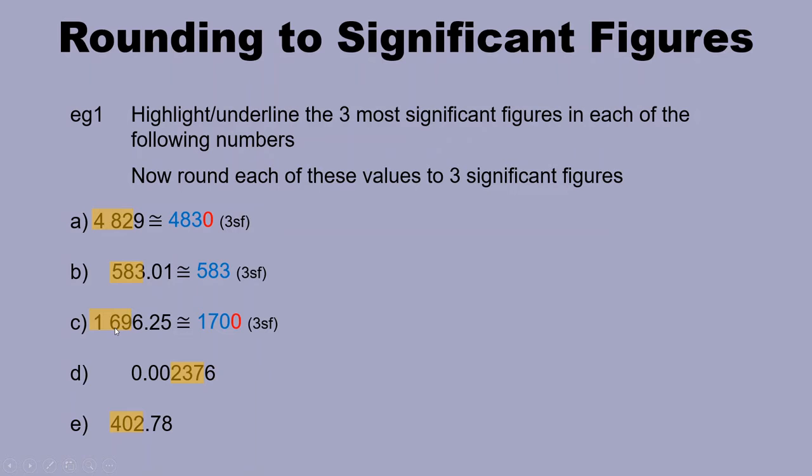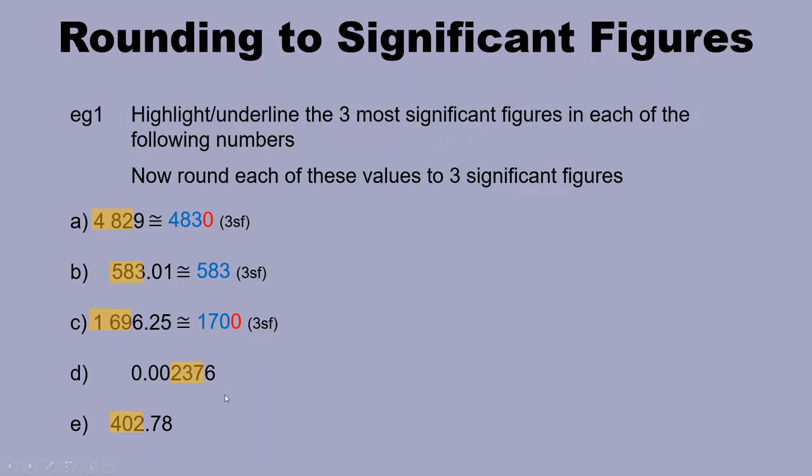So that's going to be 1,700. In this case, it may look like it's only got 2 significant figures to it, but I did first consider the 3 significant figures, and when I rounded, the last of those 3 significant figures turned into a 0. So here it's really important that I make clear I rounded to 3 significant figures here. Don't be mistaken and think that I rounded to 2 significant figures.